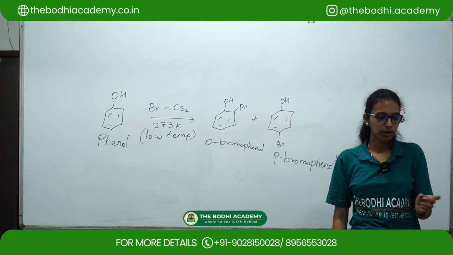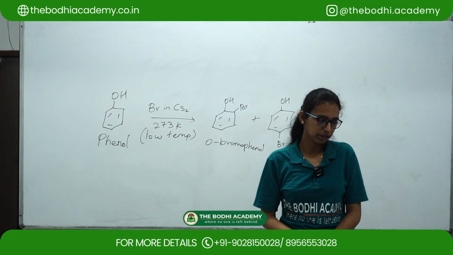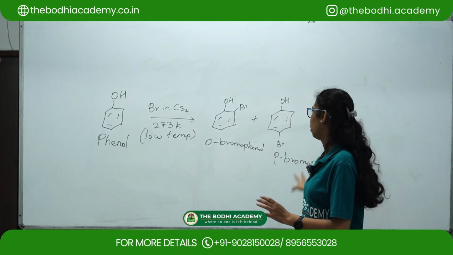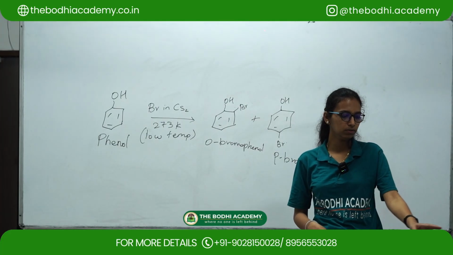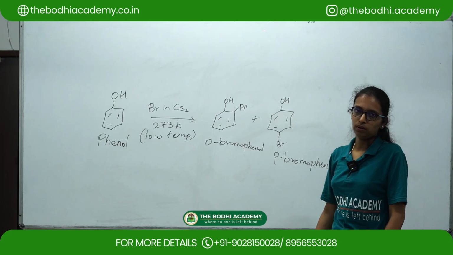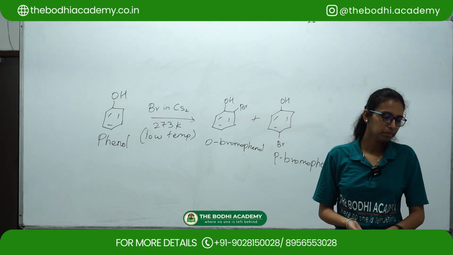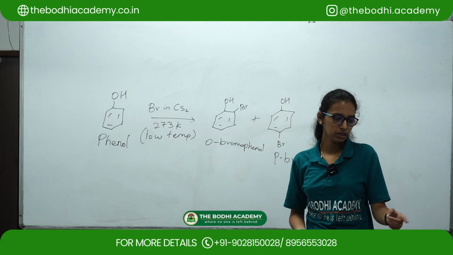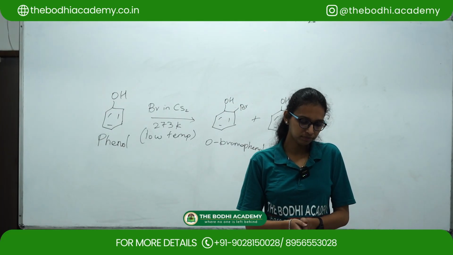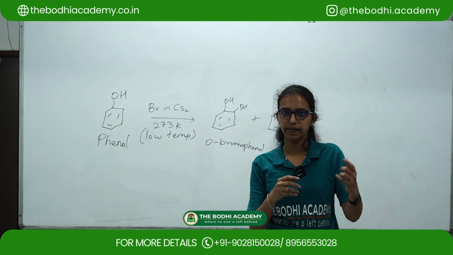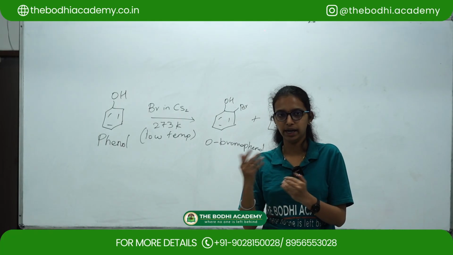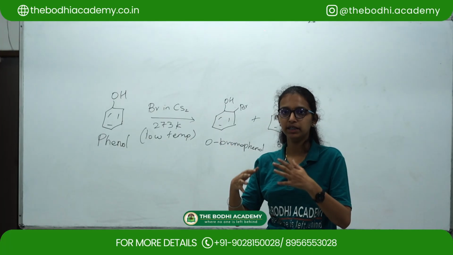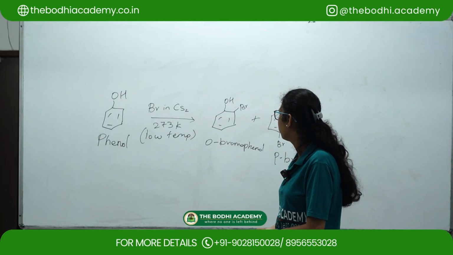Here ortho and para is there in the option. When we react, these two products are given. They didn't mention anything specific, so the option will be ortho and para-bromophenol. 2,4,6-tribromophenol is also there, which is ruled out because that will be obtained with some other reagent, where overreaction takes place and you get a multi-substituted, tri-substituted product.